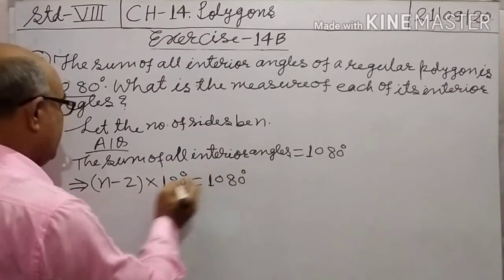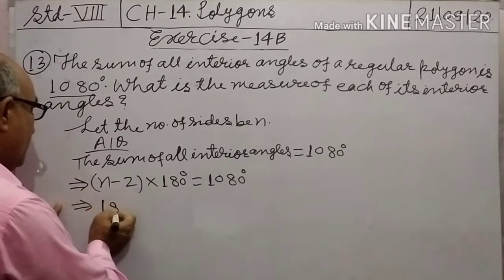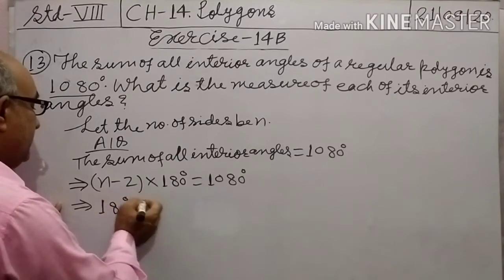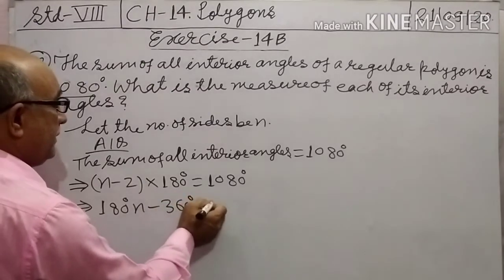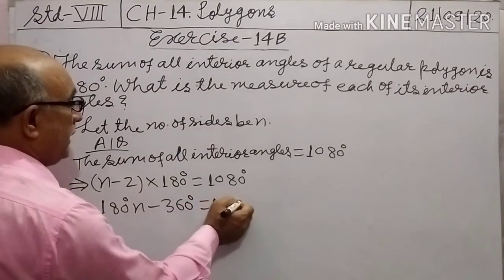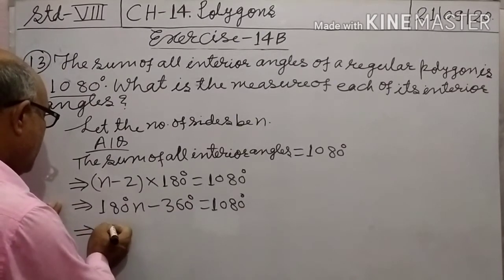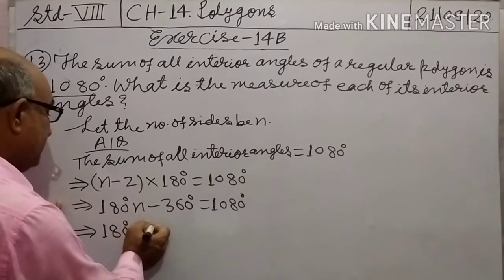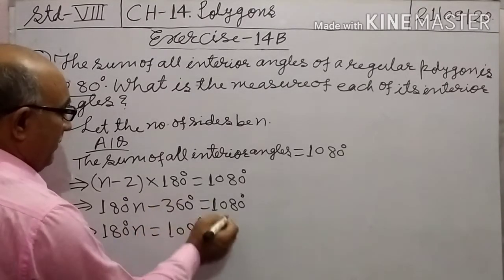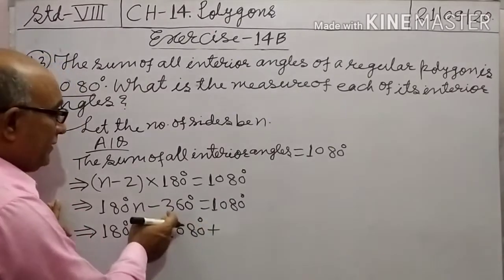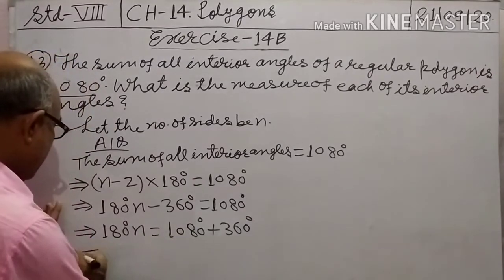That implies the sum of all interior angles is (n minus 2) into 180 degree equal to 1080 degree. Remove the bracket. N into 180, so 180 degree n minus 360 degree equal to 1080 degree.